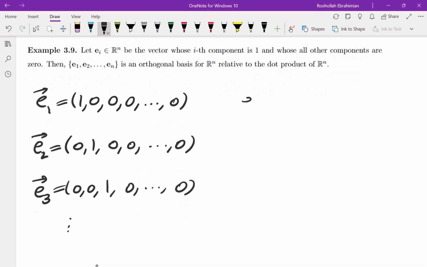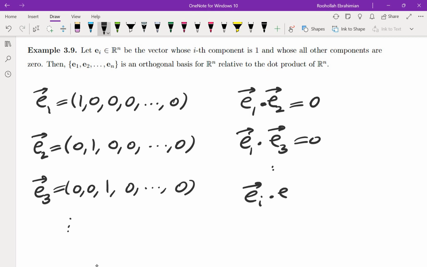What we also see is that if you take e1 and e2, the dot product is 0, because there is no overlap between the ones. All of the components are 0 except for one: in the first vector it is the first component, and in the second it is the second component. So that's 0. e1 dotted with e3 is also 0. So ei dot ej is 0 for every i and j that are not equal.